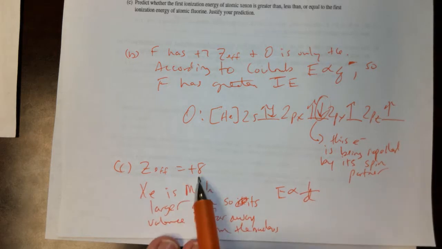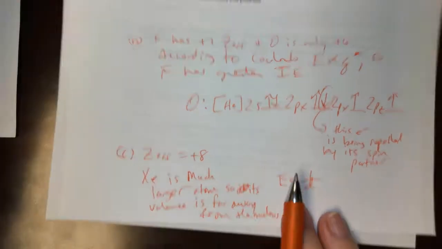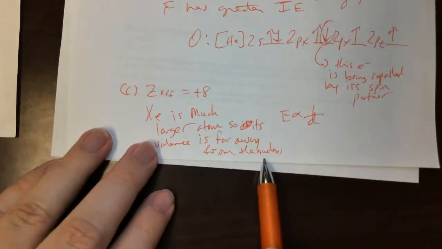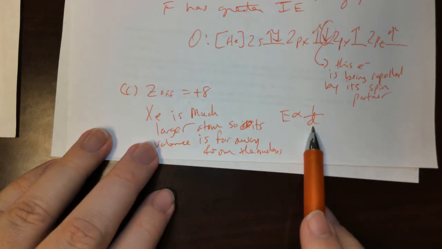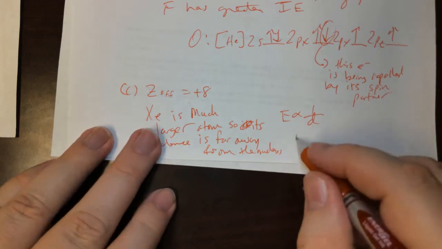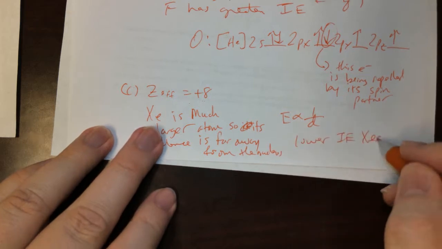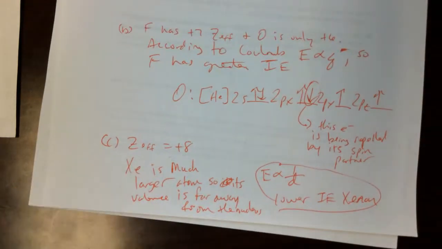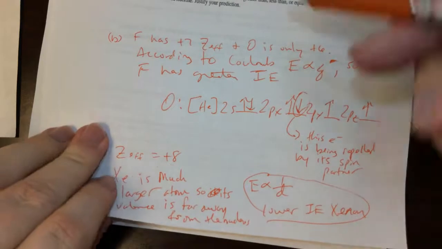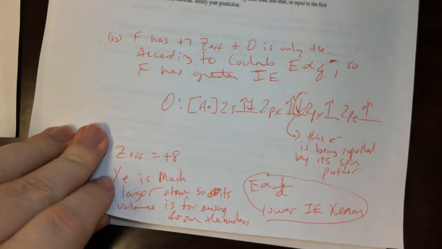So even though we're increasing the effective nuclear charge, since this is such a much different distance, being so many rows below, the fact that it's a bigger atom means we're going to have a lower first ionization energy for xenon, even though it's a noble gas. And it's very hard because you're trying to compare actual values here and say it's less, but it is. It's pretty far down.